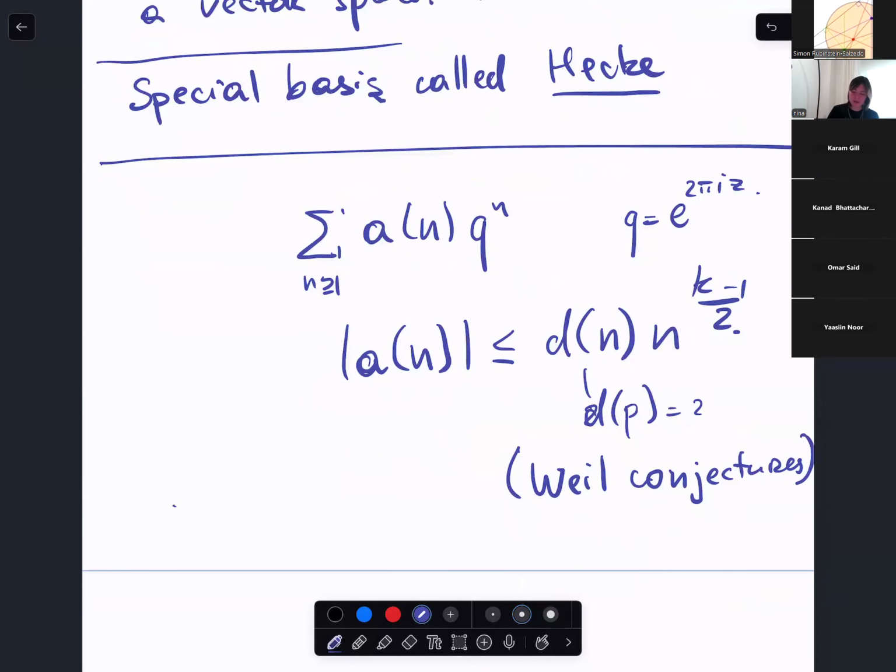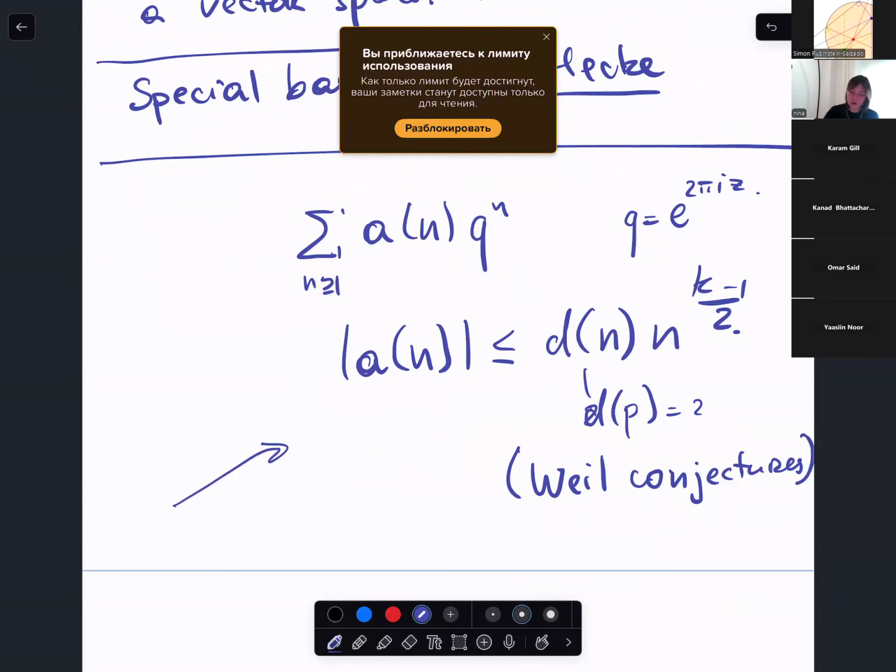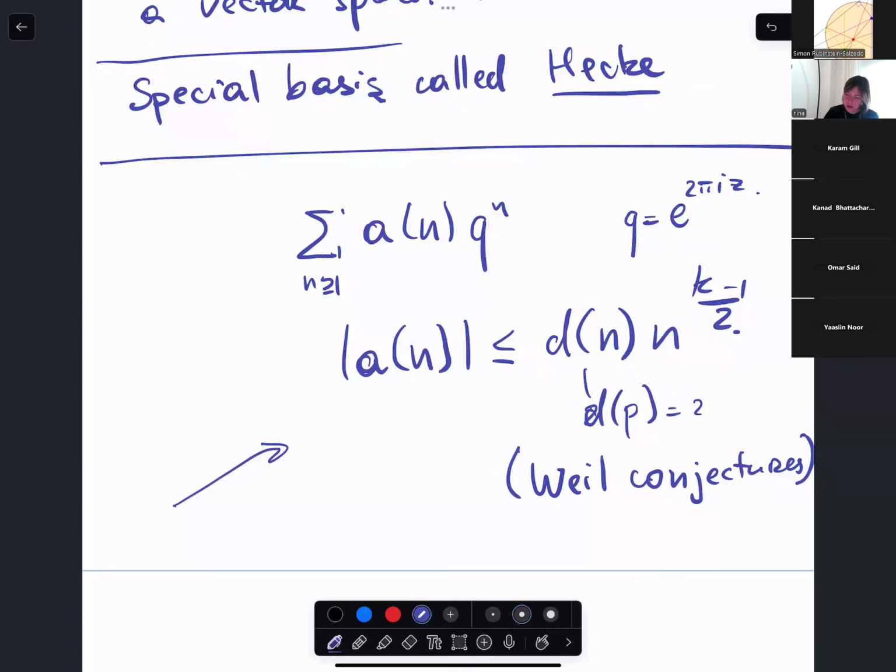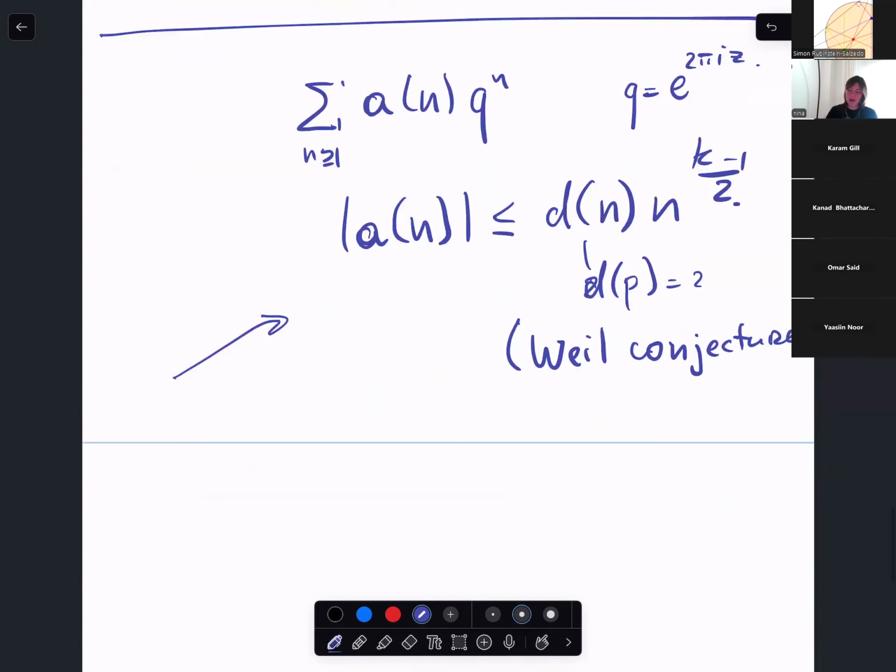Oh, I should say, this is true only for these special basis elements. And it so happens that in the case of weight 12, it's a one-dimensional space. So this tau function is automatically this basis element.